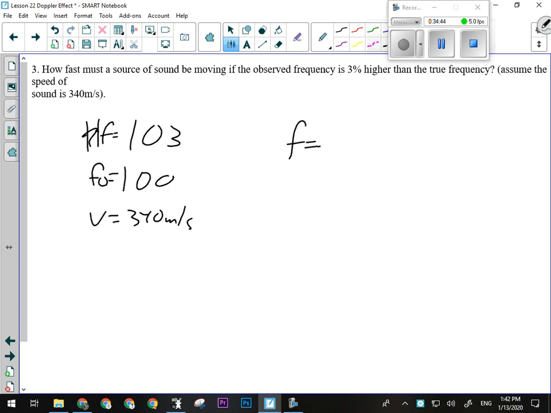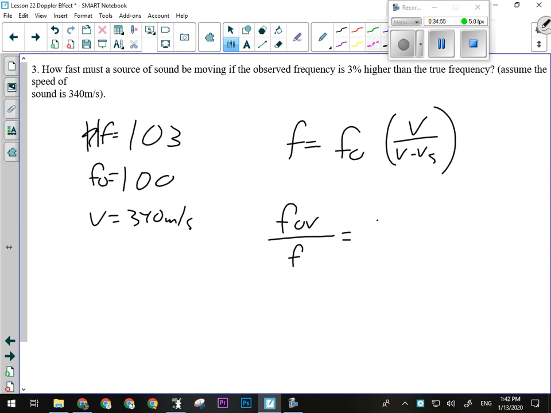So I'm going to have F equals FO times V over V minus Vs. When I manipulate all this, I'll have FOV over F equals V minus Vs. Now I want to solve for Vs, so I'm bringing Vs over here by adding it. That leaves V over there. Then I'm just going to subtract this whole thing over to this side.